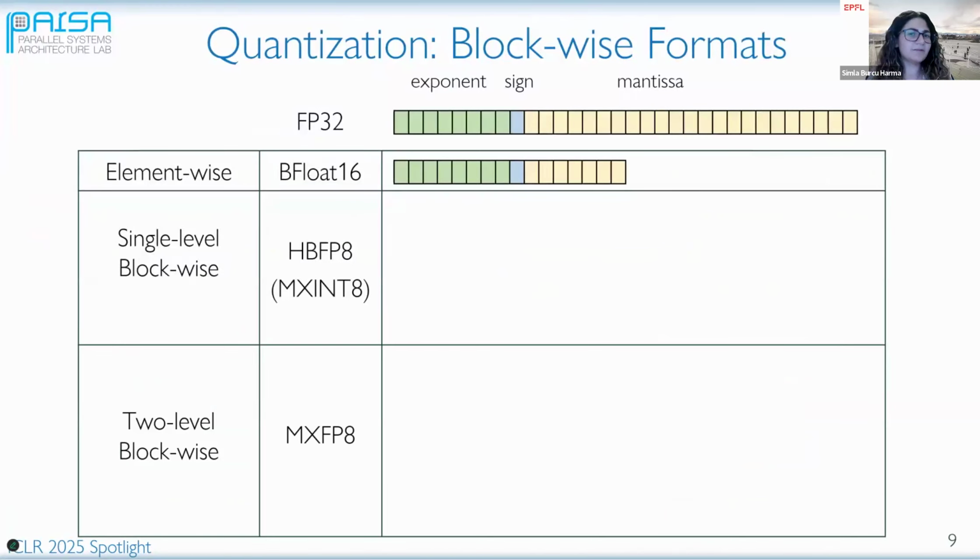Quantization, on the other hand, comes in various flavors, and the traditional full precision format is FP32 with 8 bits of exponent, 1 bit of sign, and 23 bits of mantissa.